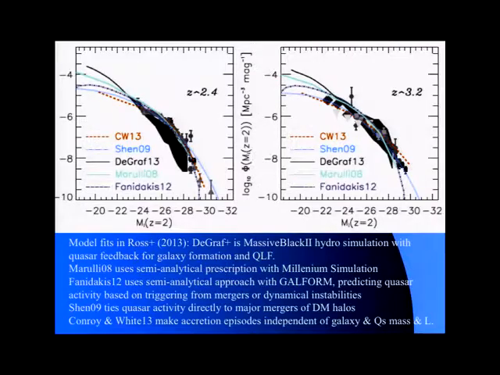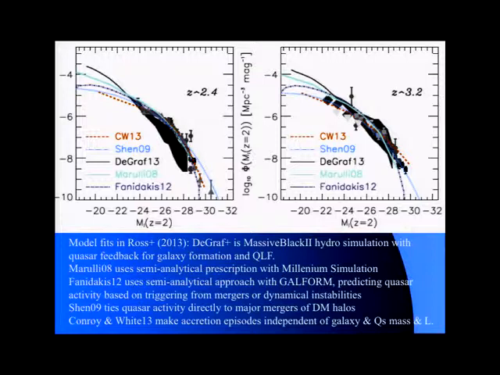Quickly, here's a couple of slices from Ross et al., just showing where things go. The black region is the hydro simulations with quasar feedback. Those are the physics-based models, and they mostly hit the region. The green line is a semi-analytical prescription that was tagged onto the Millennium simulation for galaxy formation.